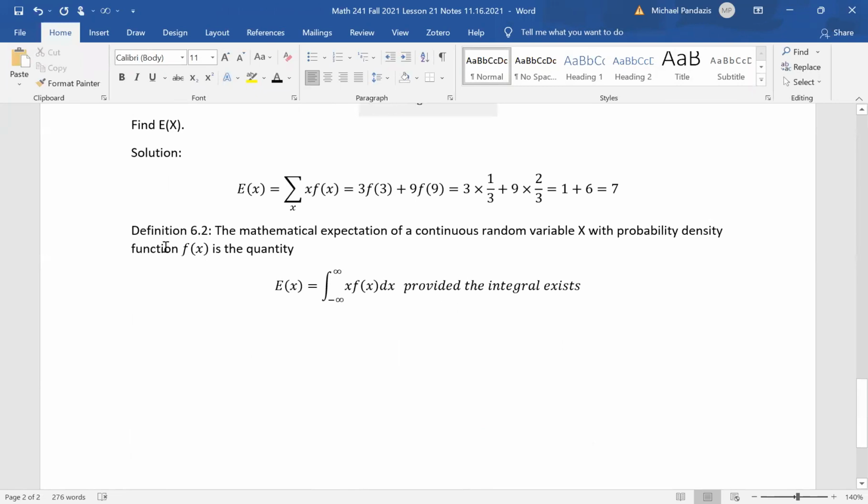So E of X for a continuous random variable is this integral, provided that the integral exists.